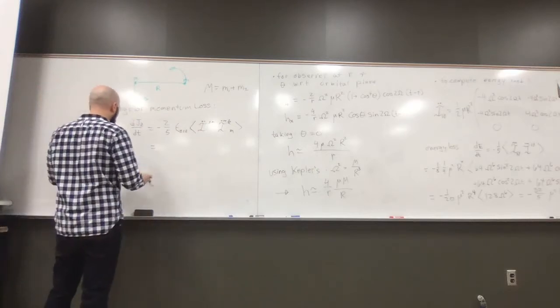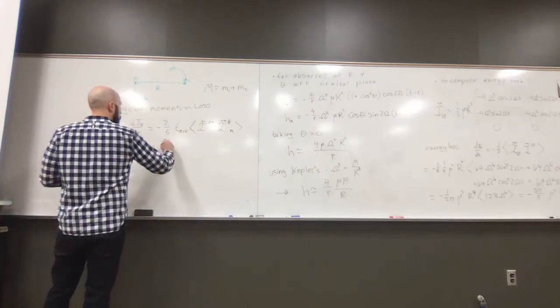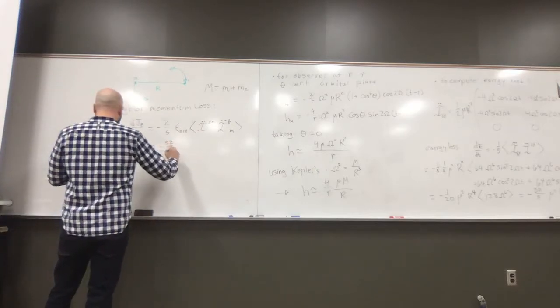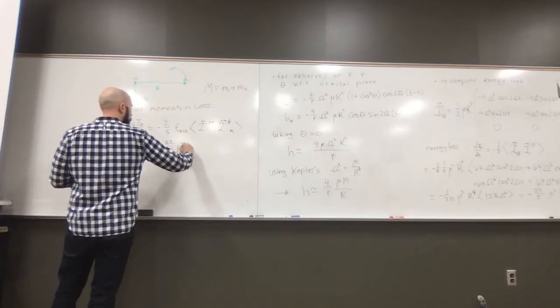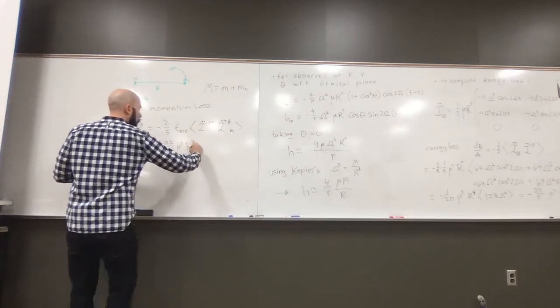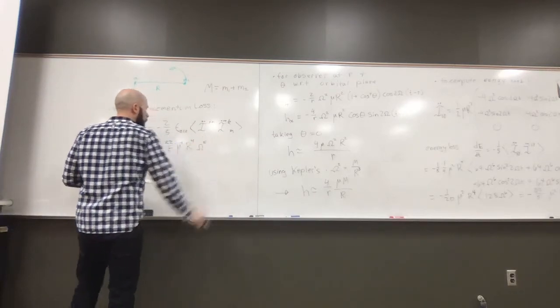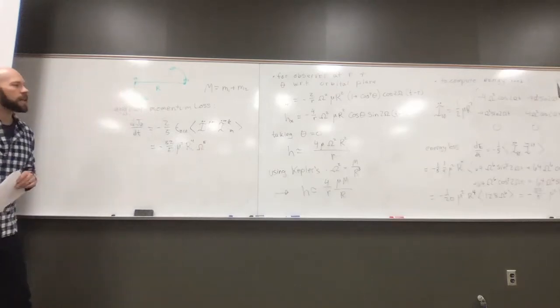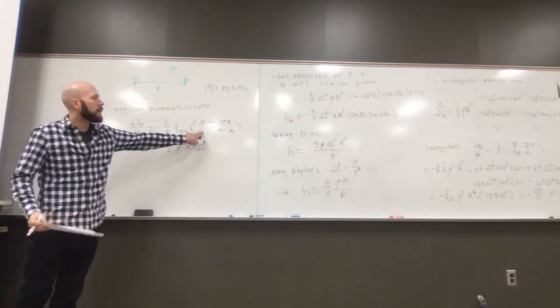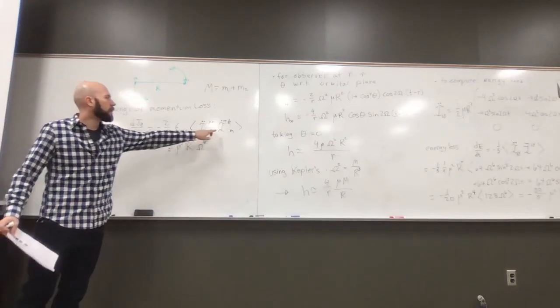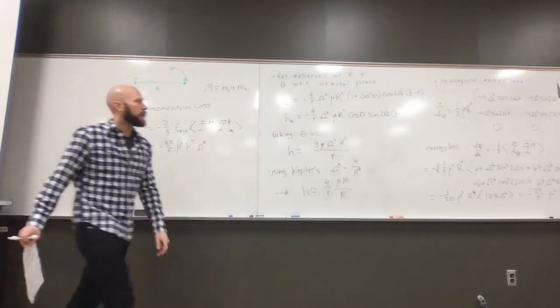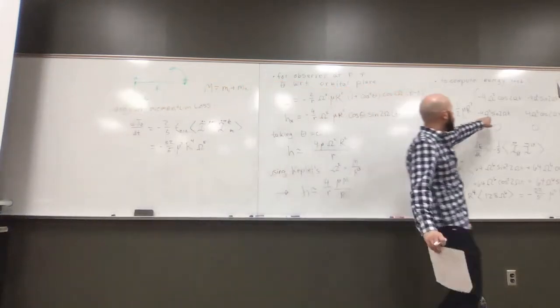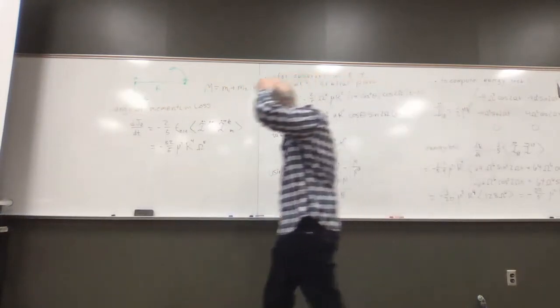Which is the only component that's non-zero in this case. Minus 32 over 5, mu squared, r to the fourth, omega to the fifth. Right, and you can guess where that comes from because we're using a second time derivative here along with the third time derivative. And so combining these things together, I only get omega to the fifth there. Different prefactor.